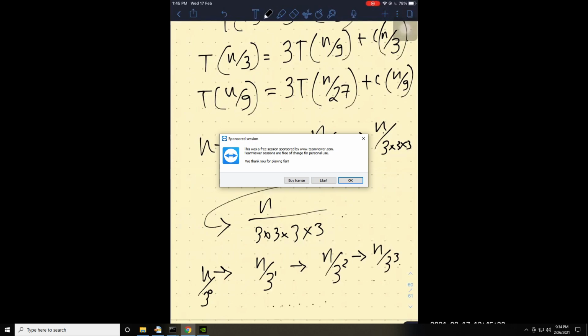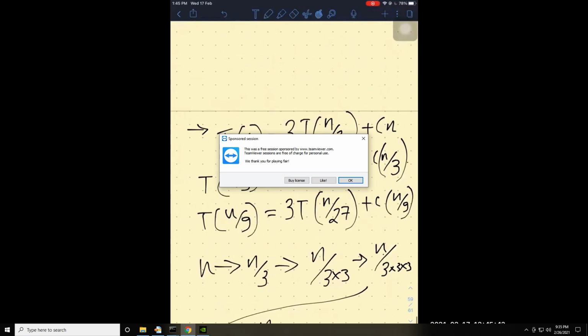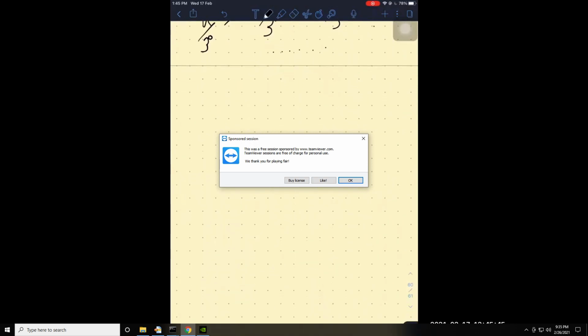So if we draw the tree for this one, we will get... our equation was t of n is equal to 3 times t of n divided by 3 plus c of n.